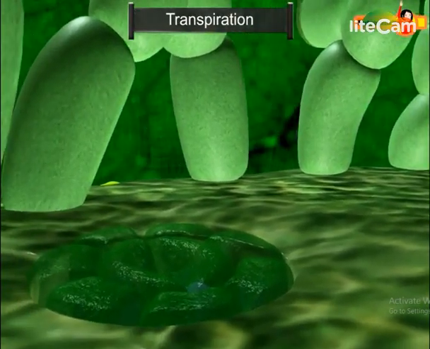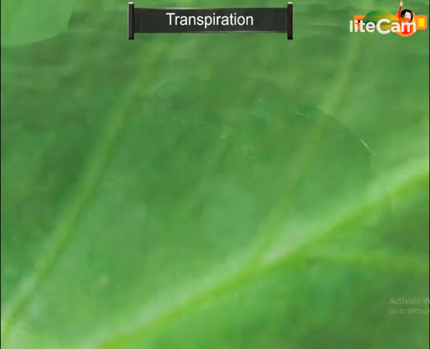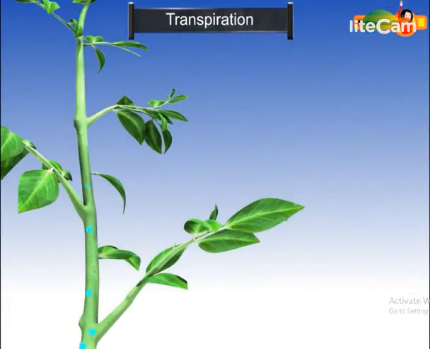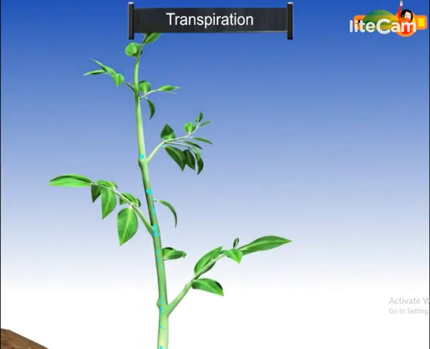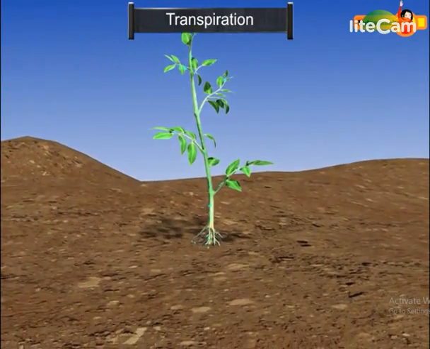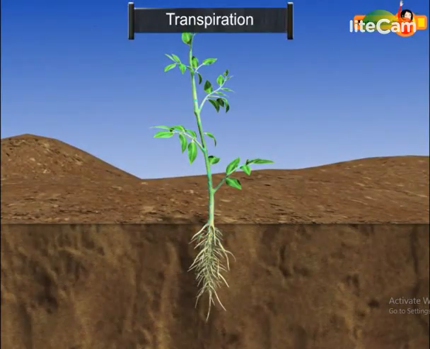This force is called the transpiration pull. Eventually, due to transpiration pull, the amount of water lost by plants during transpiration is replenished by an equal amount of water that is absorbed by the roots and transported up to the stem. Along with water, minerals are also transported in the sap.